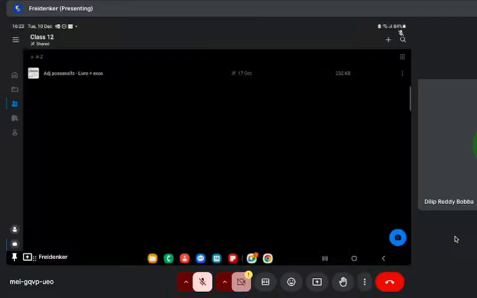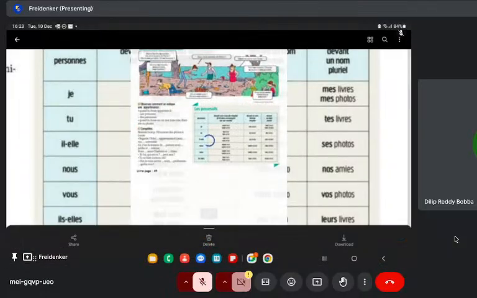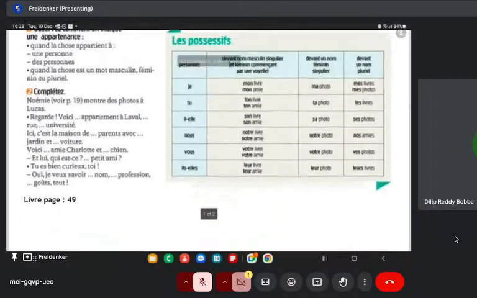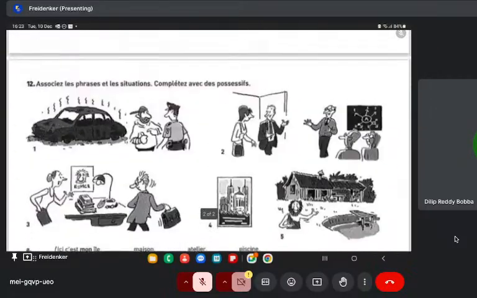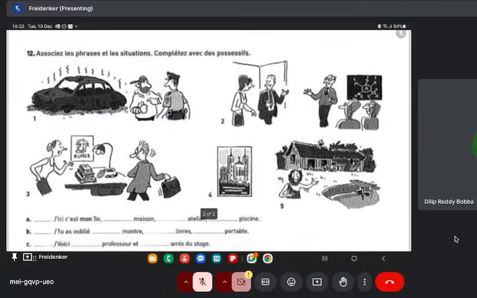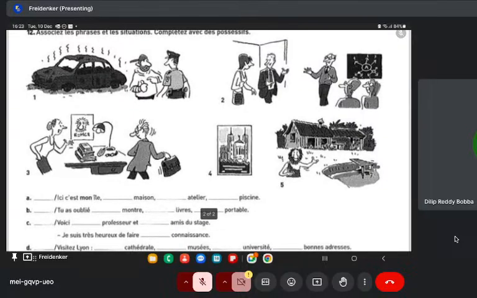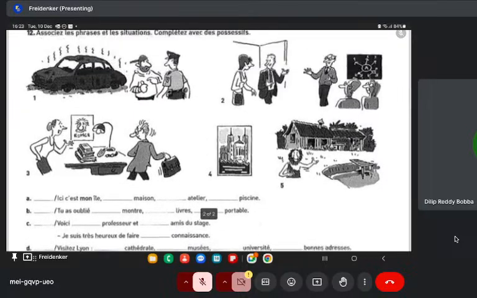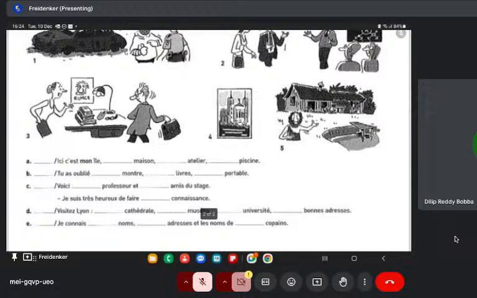Is there anything else? Exercises. You'll find it in the Endsem worksheet. So you're supposed to fill, no? Associer les phrases et les situations. So you have to match. Is this there in the worksheet? I'm just checking if I have the physical copy.